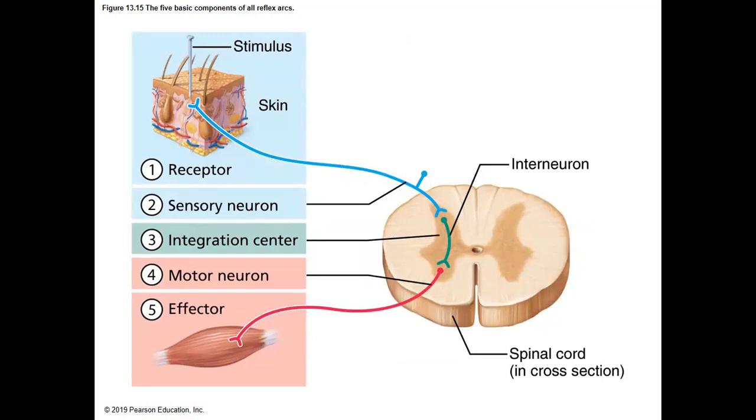Somehow, some way, it's receiving that stimulus. The receptor then has a sensory neuron, which then goes into an integration center. And from integration, we always go to motor neuron and then to the effector, right? So keep that path going.